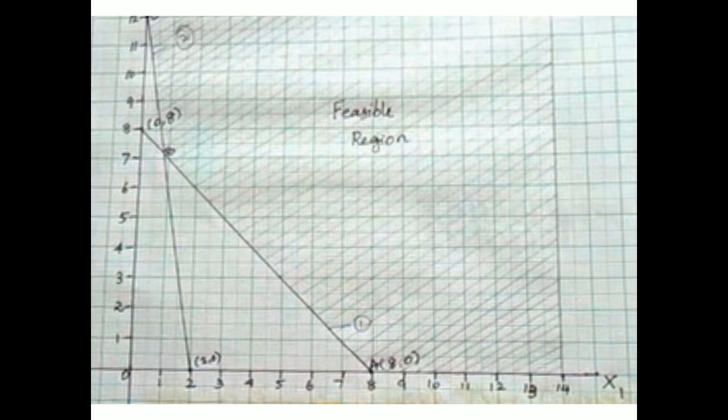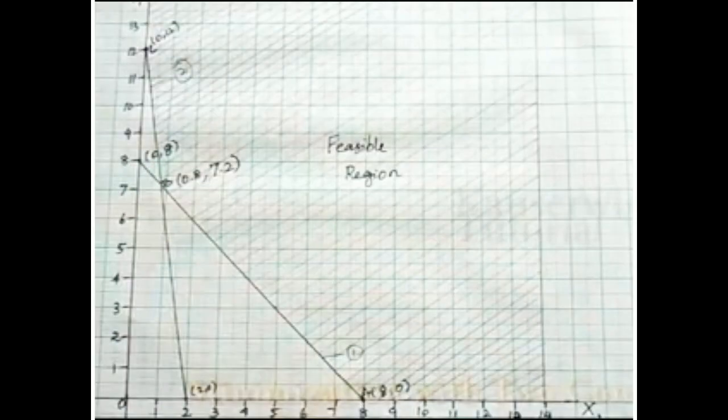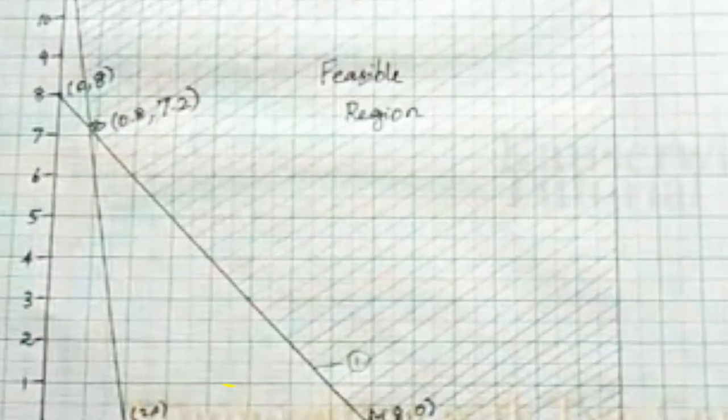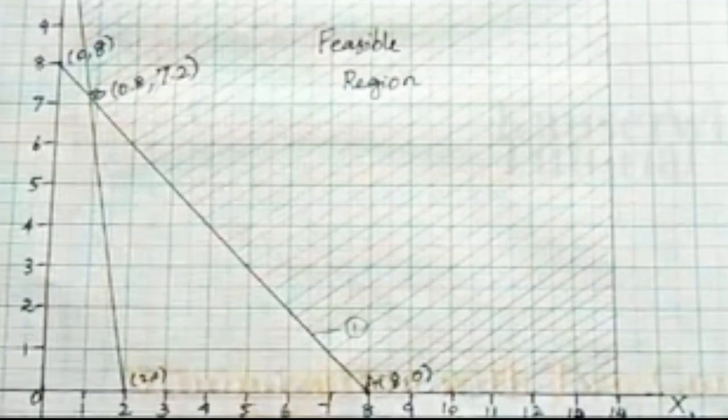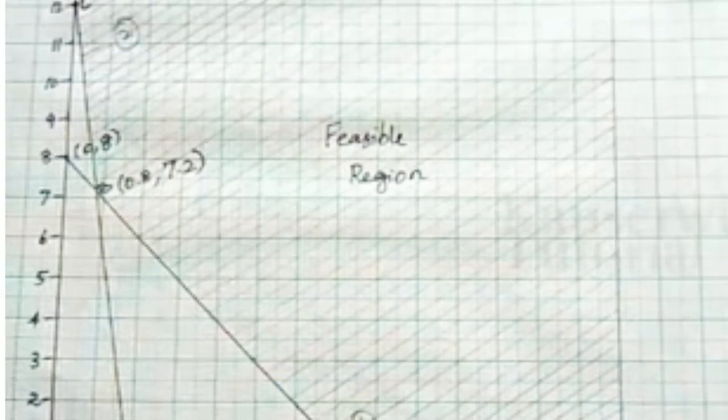The next step is to find the corner points of the feasible region. The first corner point A is visible from the graph I've plotted: it is 8, 0. The second corner point B is 0.8, 7.2, which I obtained from both the line equations, because point B lies at the intersection of both lines.